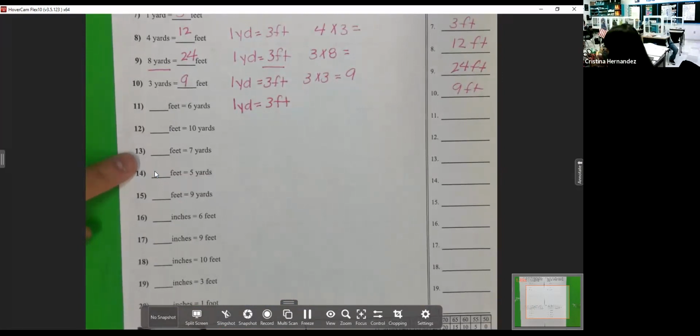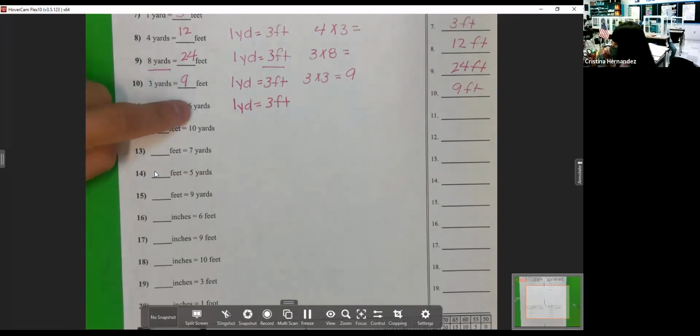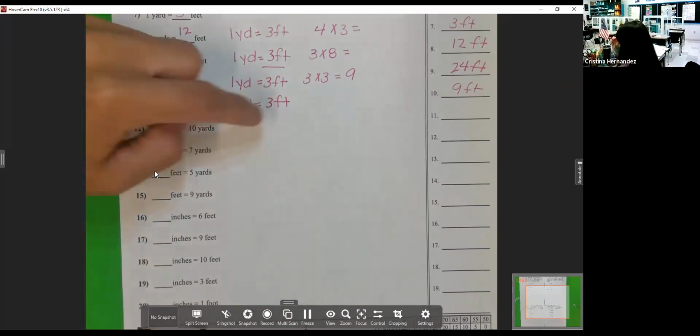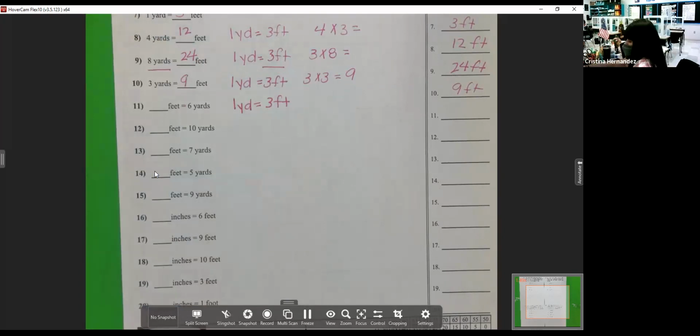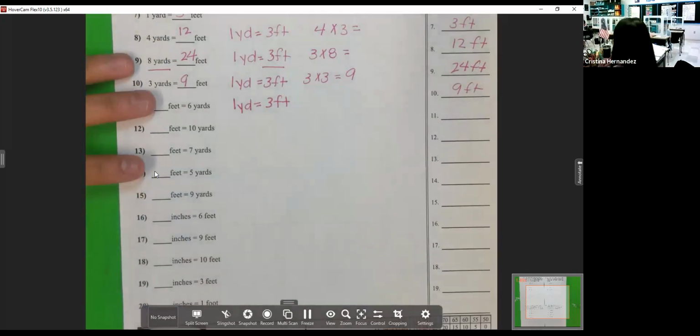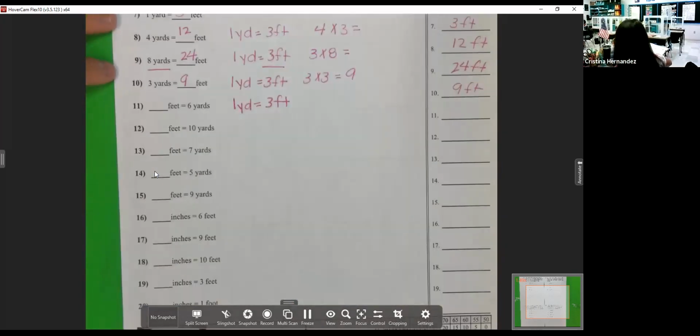So, how many feet would be in 6 yards? What are we gonna do? Earlier, I said we are going to be multiplying.